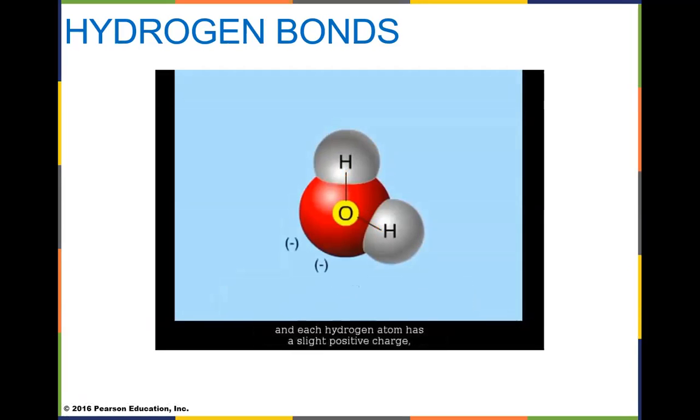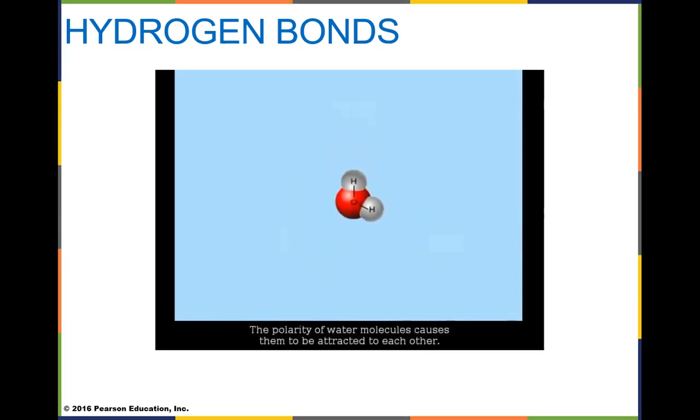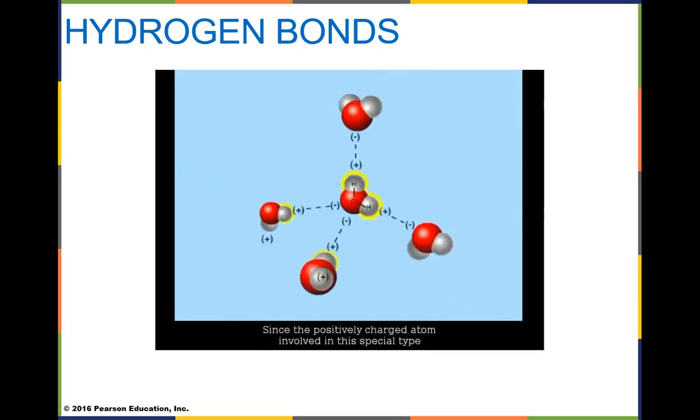And so the oxygen end, because it's pulling all the electrons towards it, becomes slightly negative, and the hydrogen ends become slightly positive. We haven't lost any electrons. We haven't gained any electrons. We're still sharing electrons around each atom. But the pull is slightly greater towards the negative end, the oxygen end.